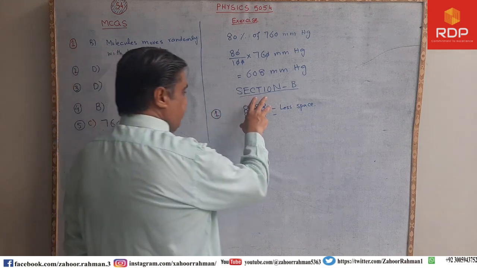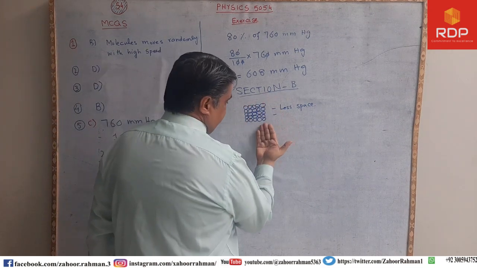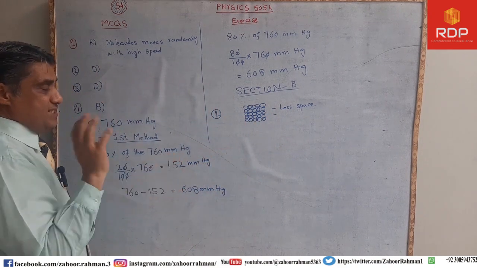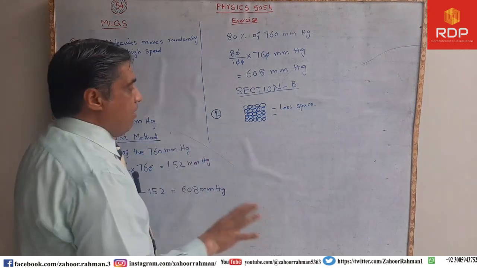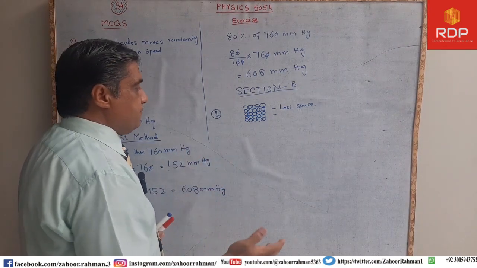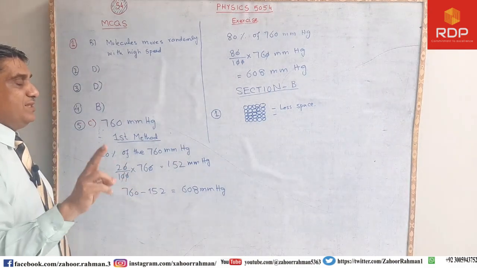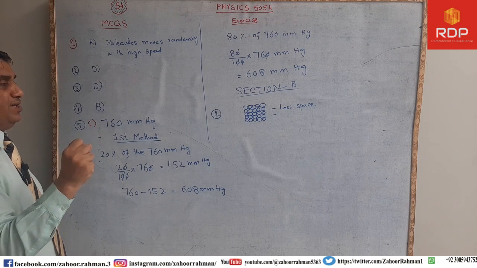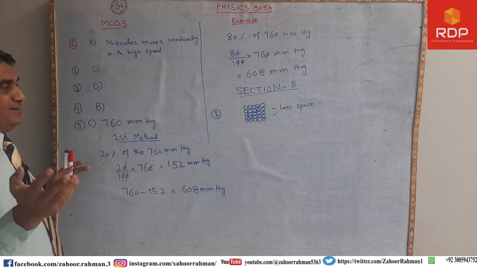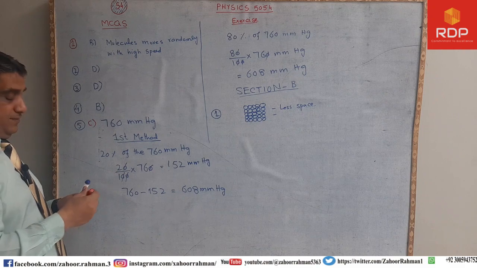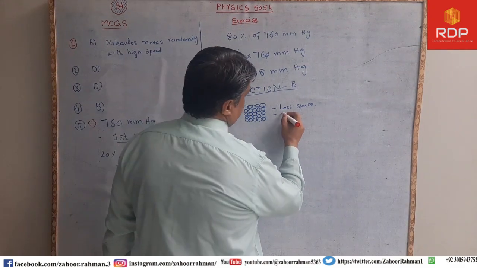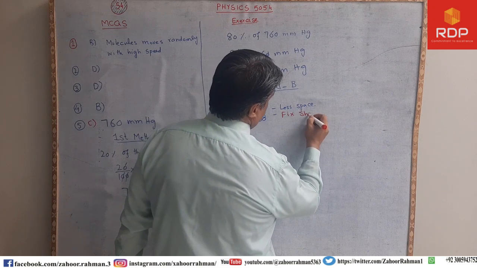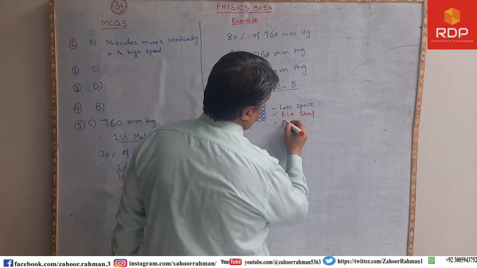It has a fixed shape and a fixed volume, because the intermolecular forces amongst the molecules, the bonds between them, are very strong, so they are not leaving each other to spread in the container. That is why it is having fixed shape and fixed volume.